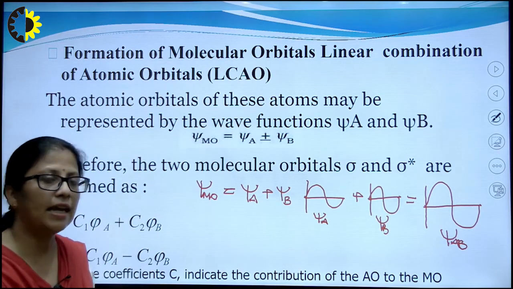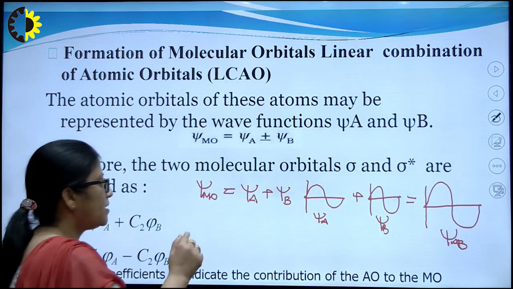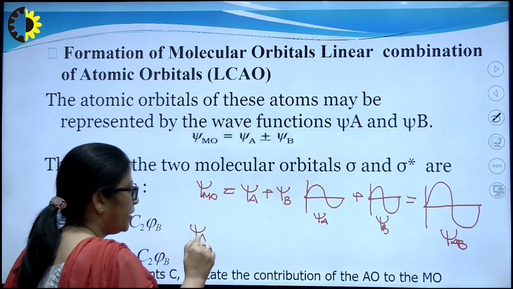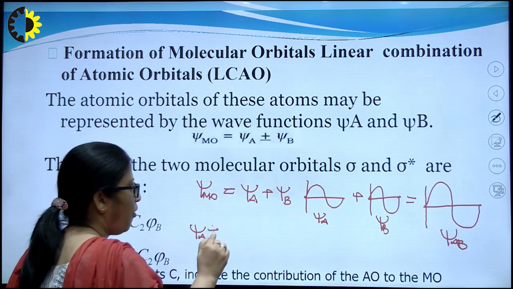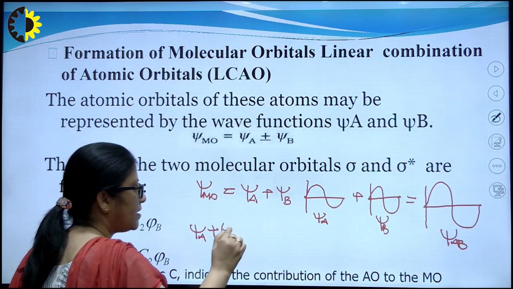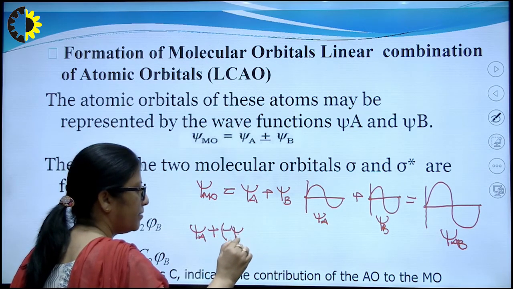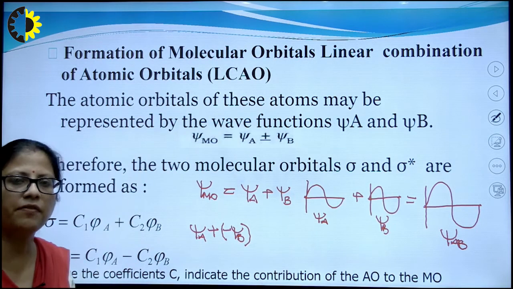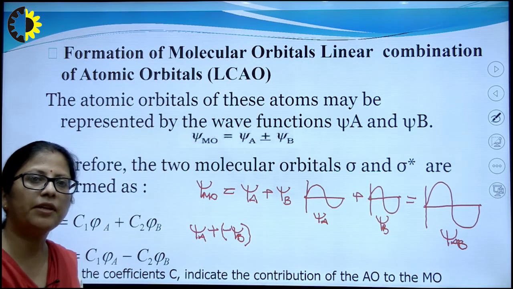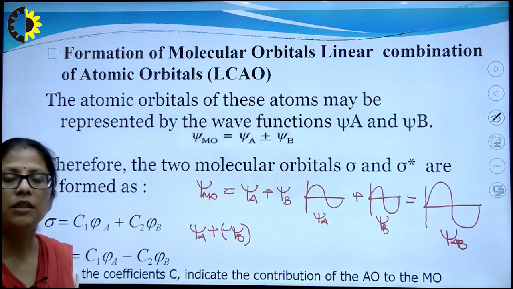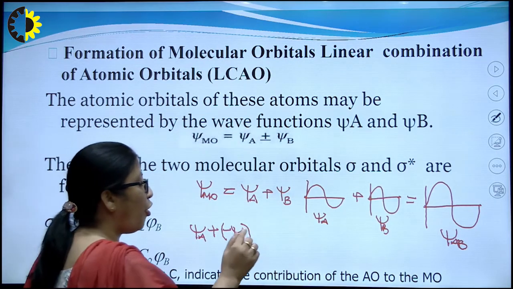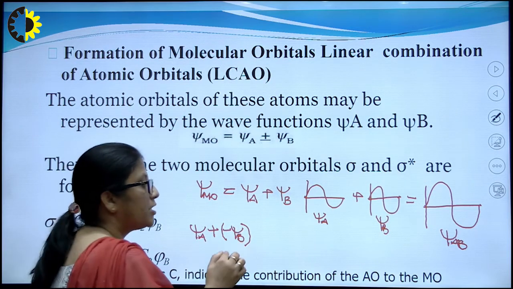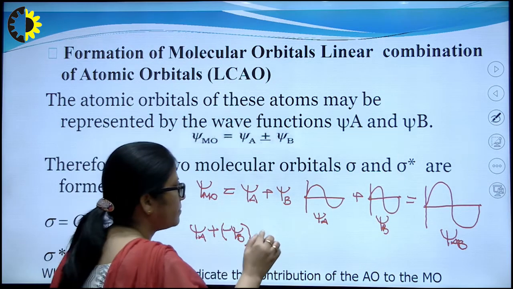The second case which may arise is when the wave functions of psi A and psi B are different. If psi A is positive in nature, then psi B can be negative in nature. This results in the formation of destructive interference or subtractive combination.